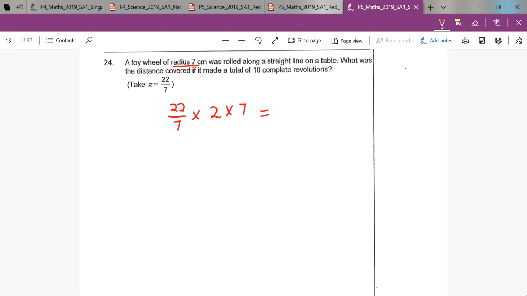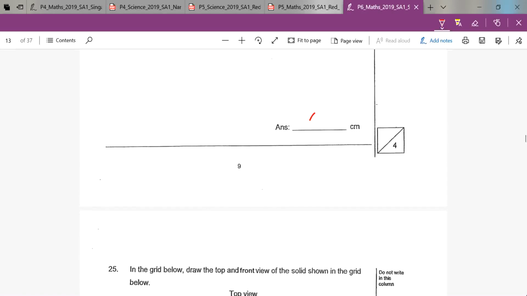If I cancel, I will get 44 cm for the circumference of the wheel. 10 revolutions would be 10 times 44 cm, which is 440 cm. This is the answer, 440.